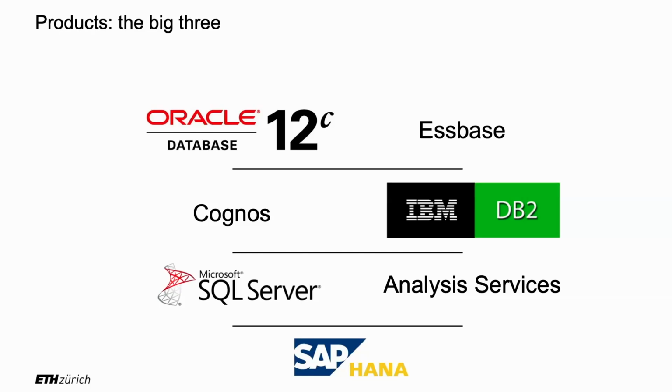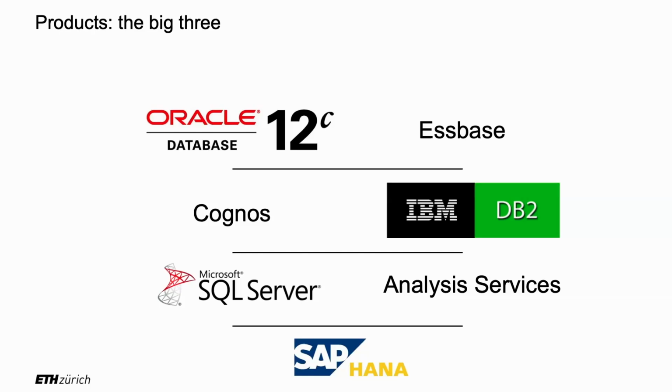But this is what they call Analysis Services. And the reason for this, as we will shortly see, is that these data cubes can actually be implemented very nicely on top of relational database systems, on top of tables.